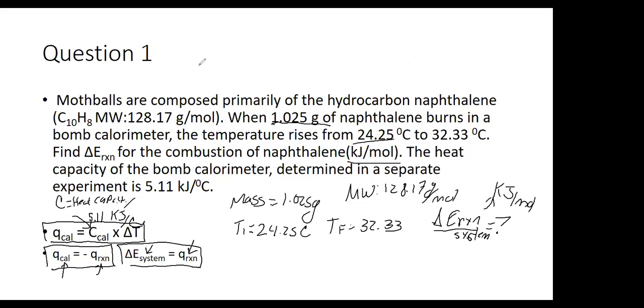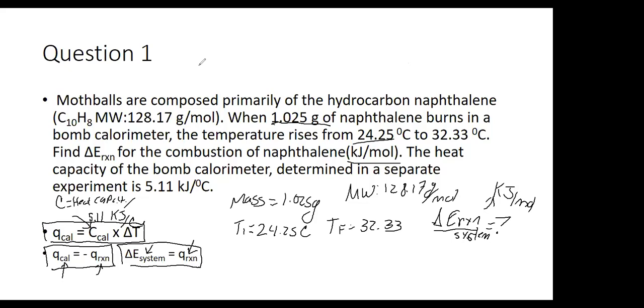Sure. All right. So I pulled out all my variables. I'm blowing up a mothball that's 1.025 grams. And I want to know, when I blow up this mothball, how much energy was released with the units kilojoules per mole. Okay. So when I blow it up, my calorimeter changes temperature.